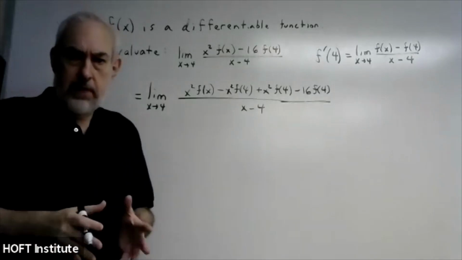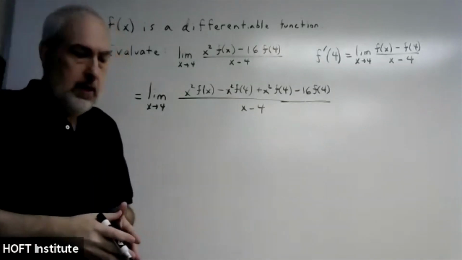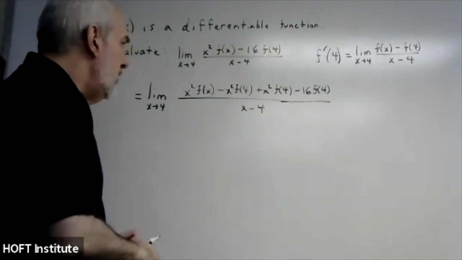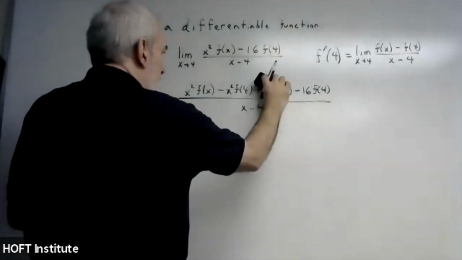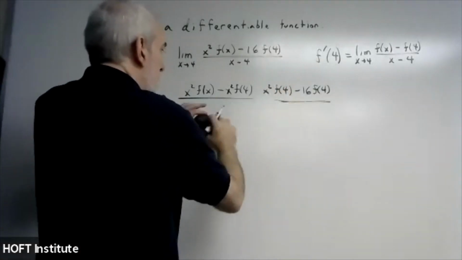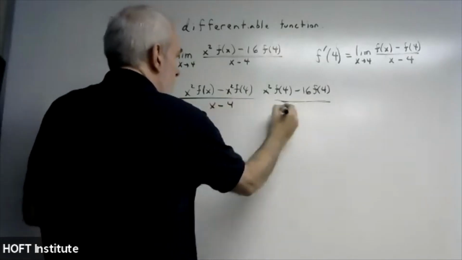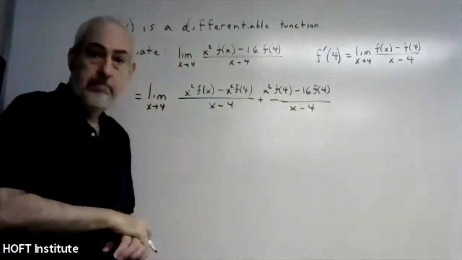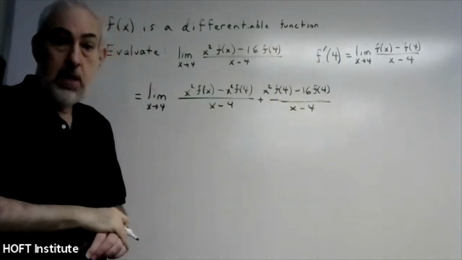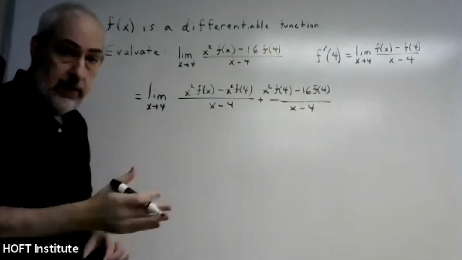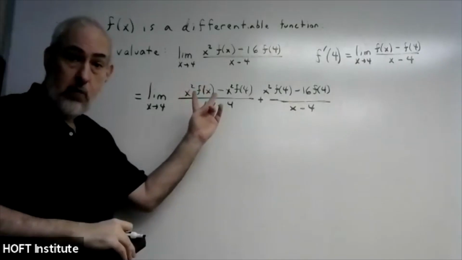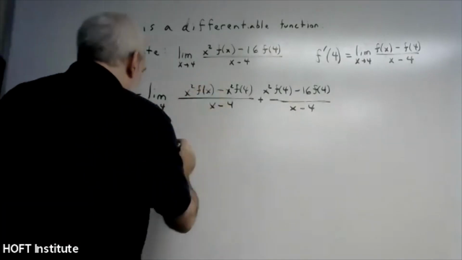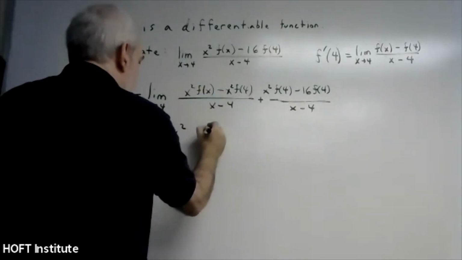Okay, and then the whole point of that is then I can split this up into two fractions, like that. Now, as I said at the start, I can factor the x squared out of this, which is going to leave me the derivative pattern.